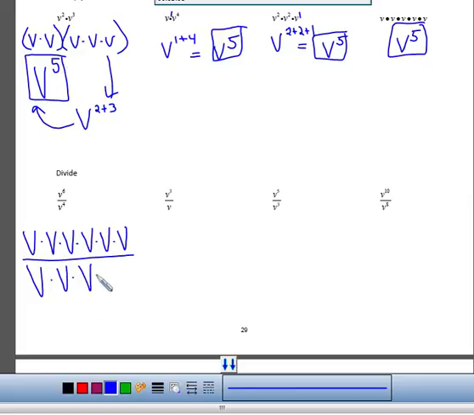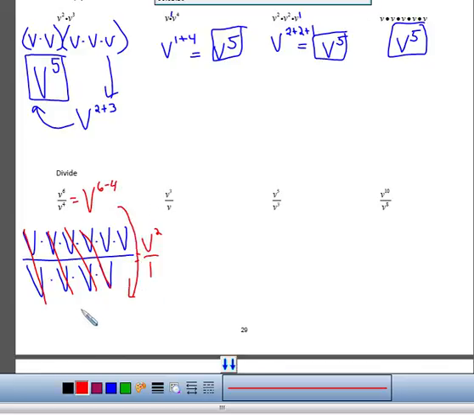Now remember, when you have a fraction, they cancel or become 1. So I've got all these 1's, and then I've got v times v, which is really v squared over 1, or just v squared. Now really what this is, is v to the 6 minus 4, which gives me a final answer of v squared.